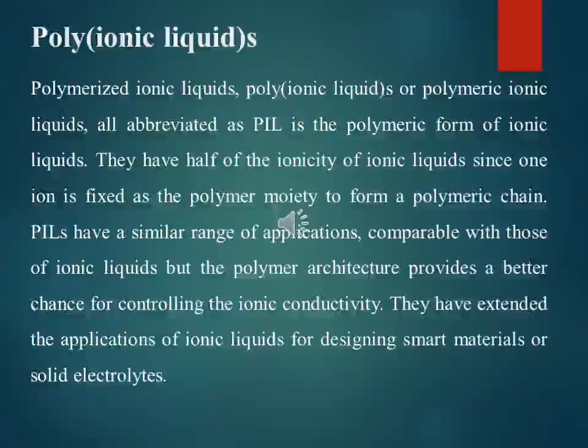PILs have a range of applications comparable with those of ionic liquids, but the polymer architecture provides a better chance for controlling the ionic conductivity. They have extended the application of ionic liquids for designing smart materials and solid electrolytes.